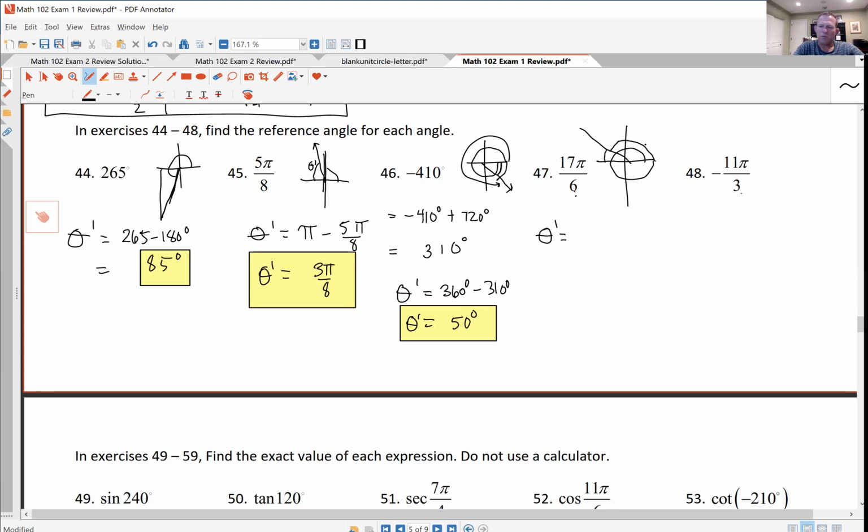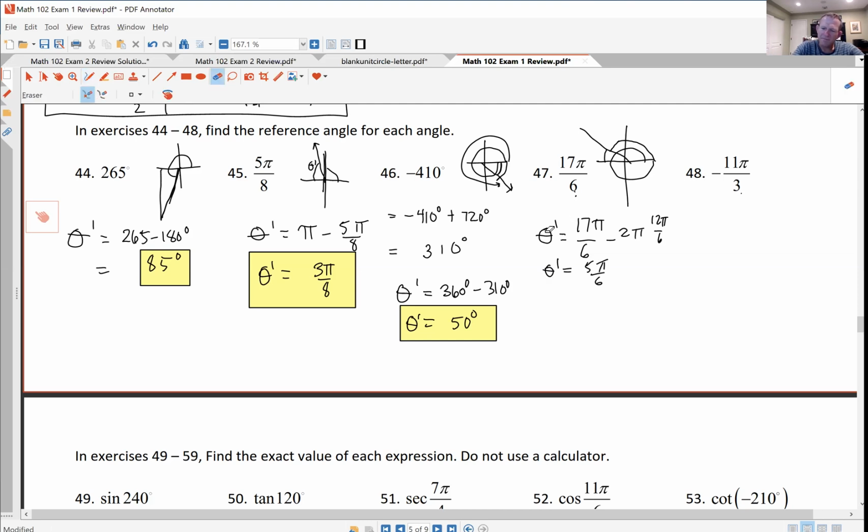we've gone around one time. We want to take that 2 pi out of it, which gives us 17 pi over 6 minus 12 pi over 6, or 5 pi over 6.